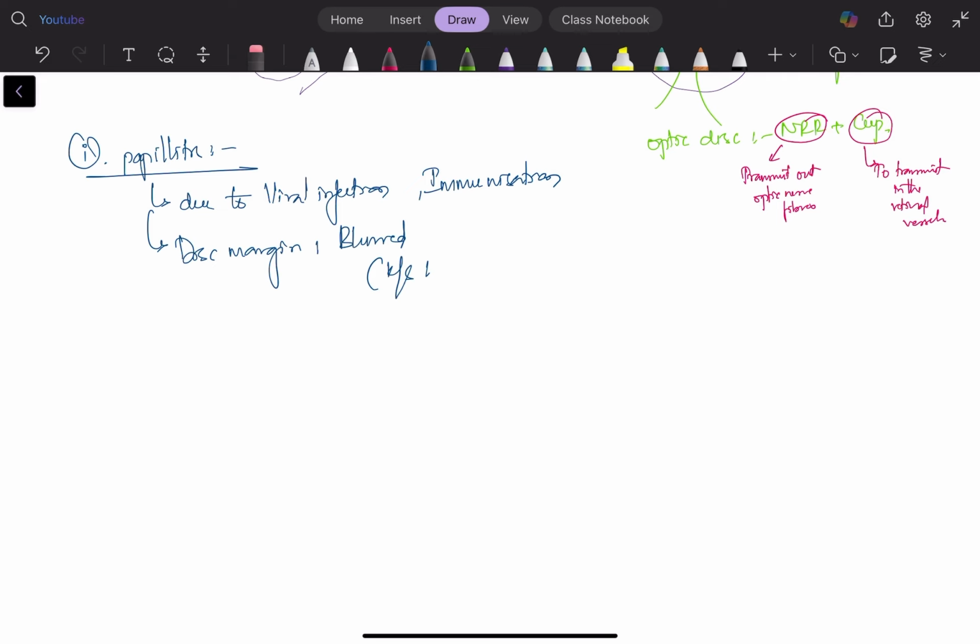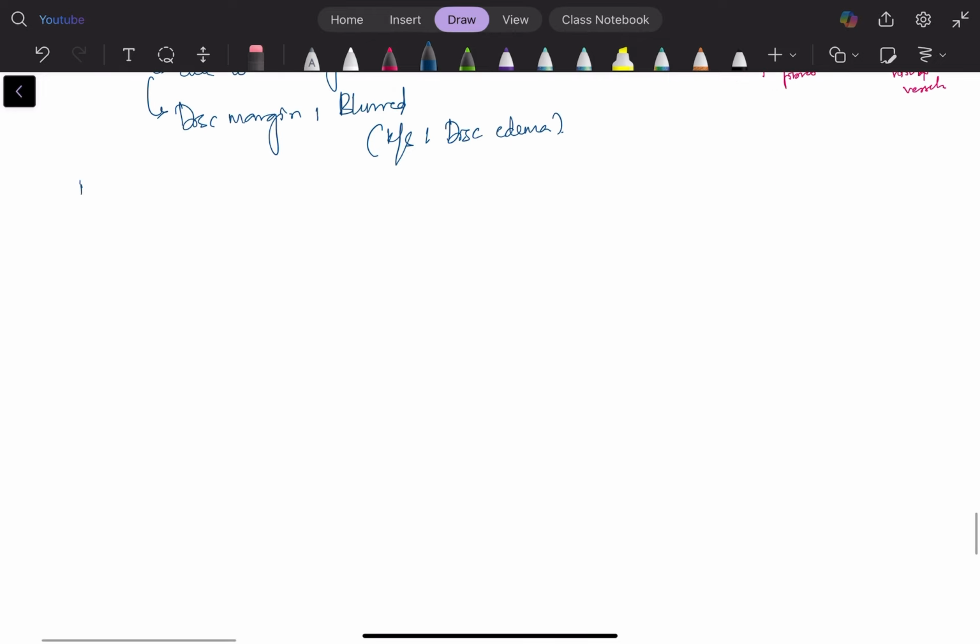If something is happening with the disc margin, usually it will be disc edema. Then we have neuroretinitis. Here also the disc margin is blurred. You got the point. Blurred means edema.